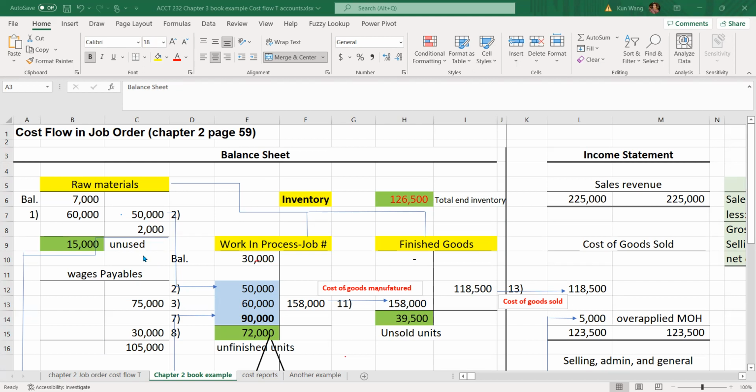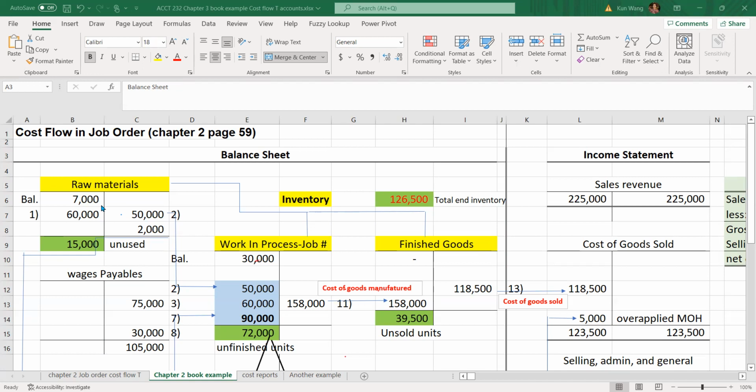As we learned from chapter 2, the manufacture process starts with purchasing raw materials. Before you can use the materials in production or for any other purpose, we have to purchase the material.